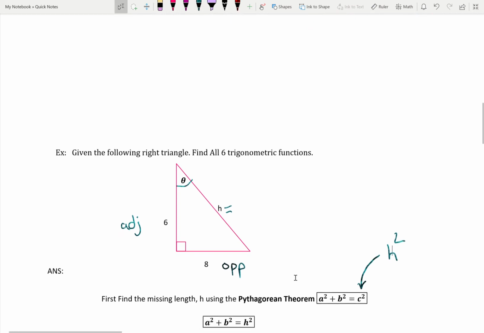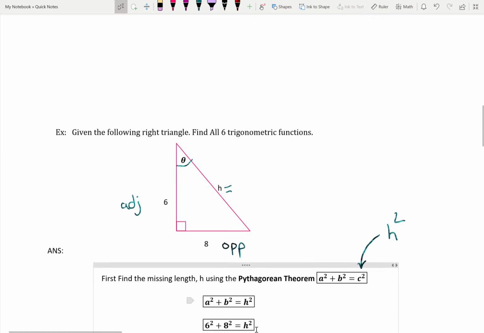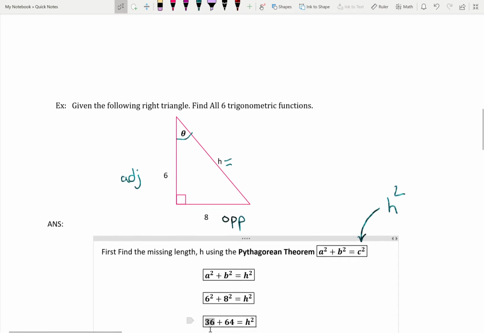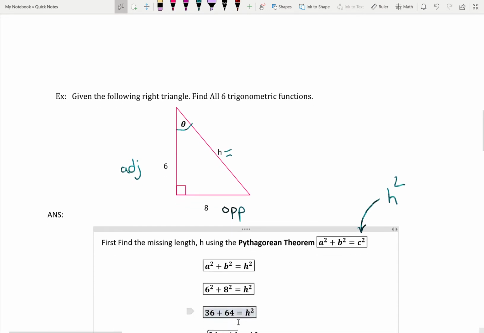Okay, so let's go ahead. So we have a squared plus b squared equals c squared, but c squared is the hypotenuse squared, so I changed it to h squared. And a squared, well, it could be either one of these sides. I picked 6 to be a, and I just picked 8 to be b. It could have been the other way around. It really doesn't matter. And I had to square both of those sides and add them together to figure out what h squared is. So 6 squared is 36, and 8 squared is 64.